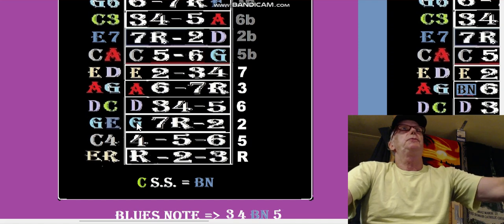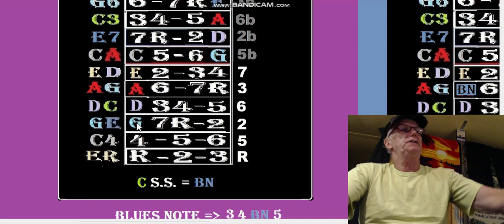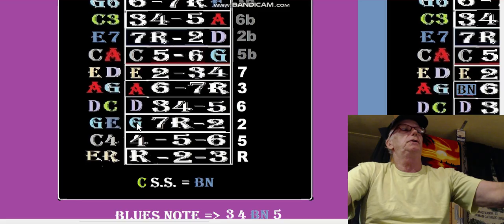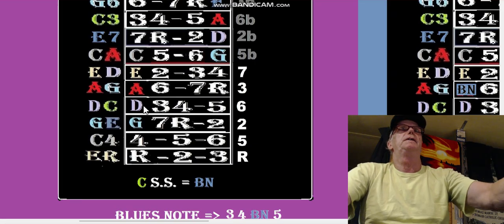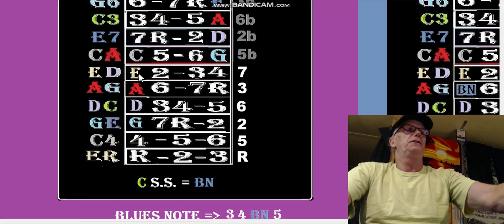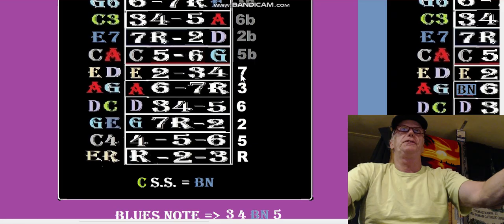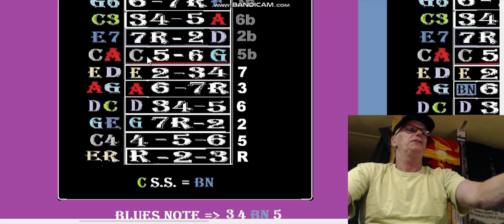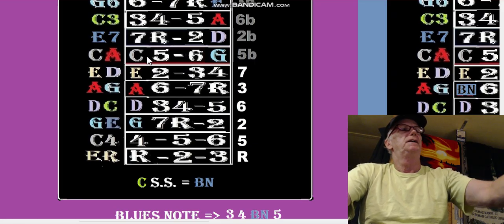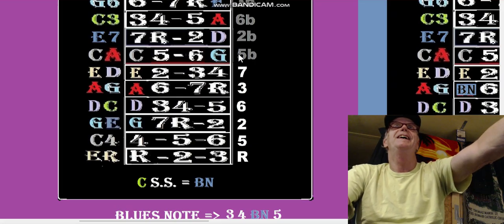So G, now we're going to treat it as just a note in a tool, a fifth. The fifth of G is the second. The fifth of D is the sixth. The fifth of A is the third. The fifth of E is the seventh. But the fifth of C is the 5 flat.